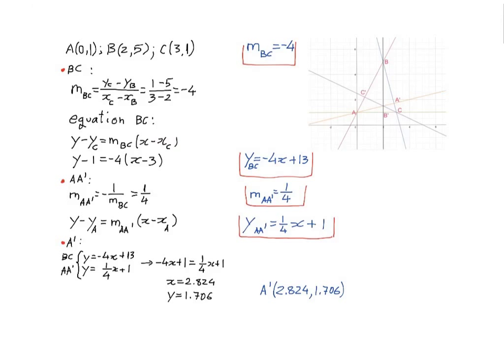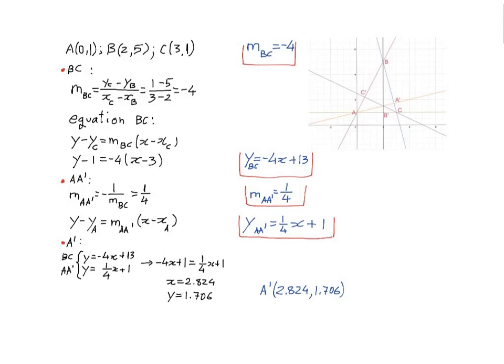And substituting the values for yc and xc, 1 and 3, we get y is equal to minus 4x plus 13.